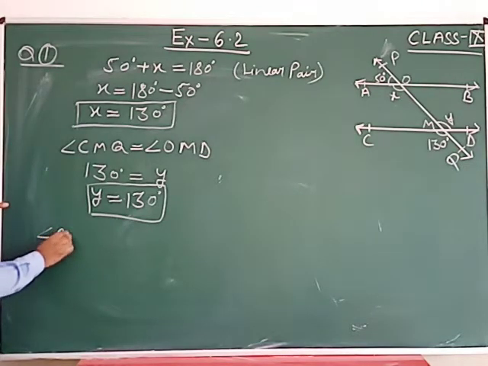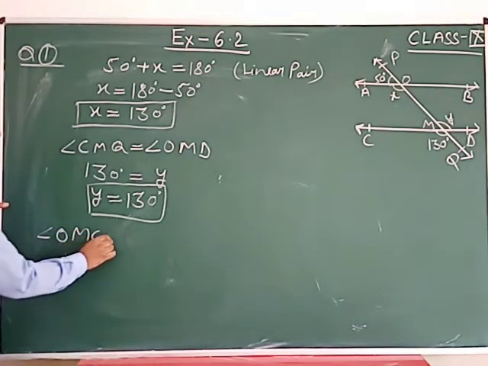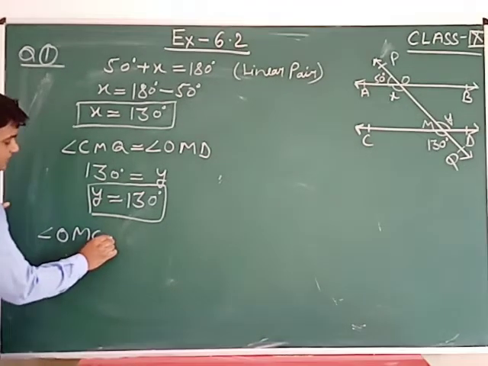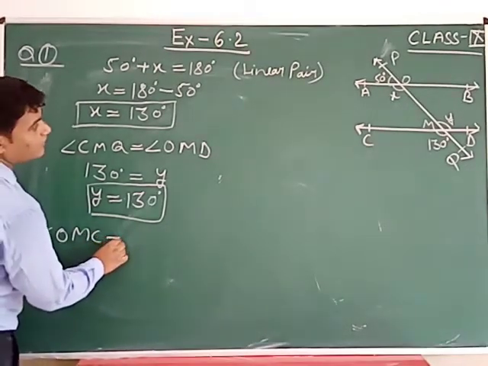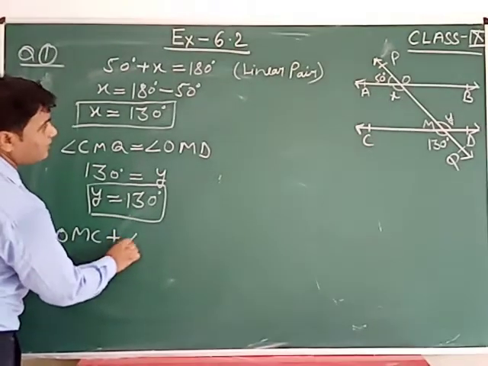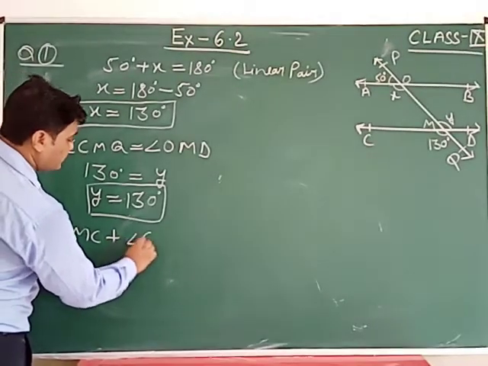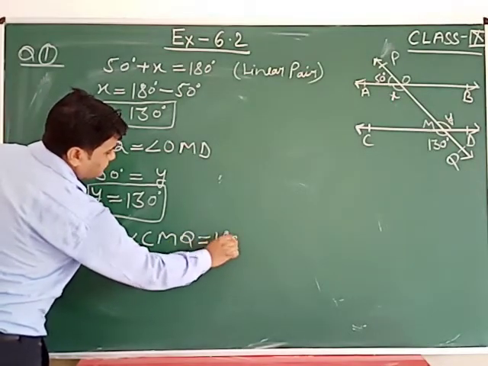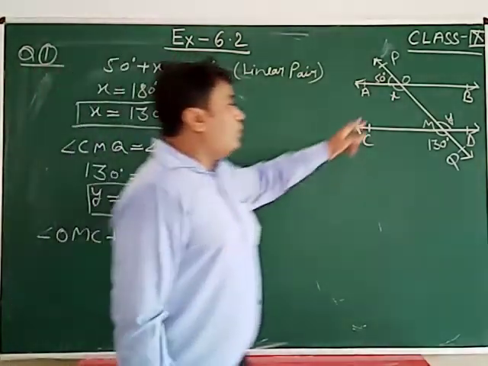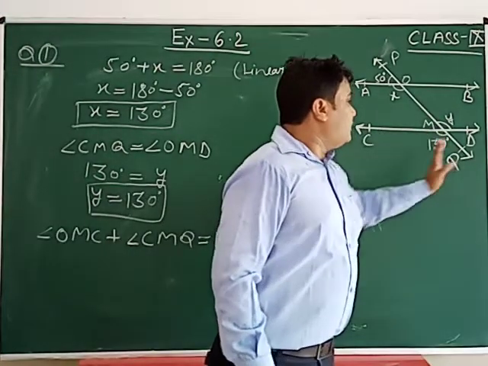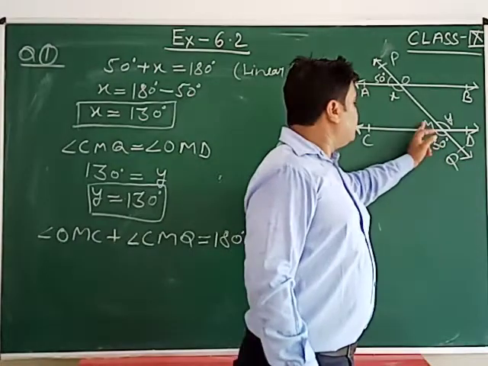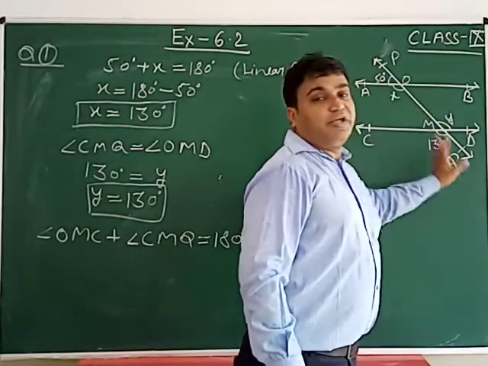Angle OMC plus angle CMQ equal to 180 degree, because these two angles are on line PQ.